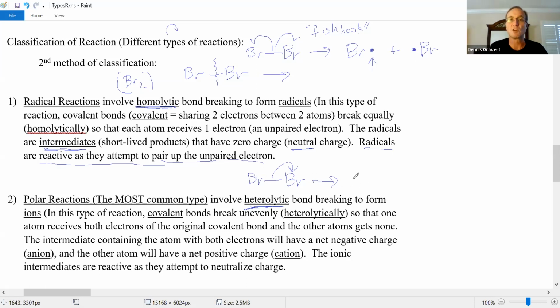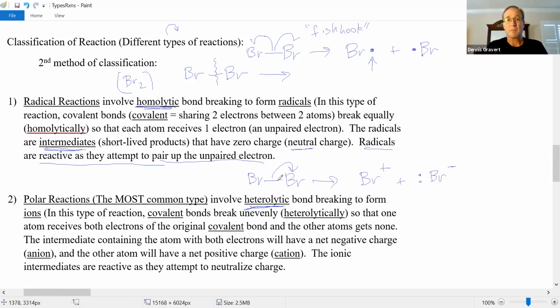So now the first bromine is missing a bond, so now it's positively charged. The second bromine gained a lone pair, and so now it's negatively charged. And then we keep moving forward, and these 2 bromines may react further to complete the reaction. So I'm not showing the full chemical reaction, just the start of one.